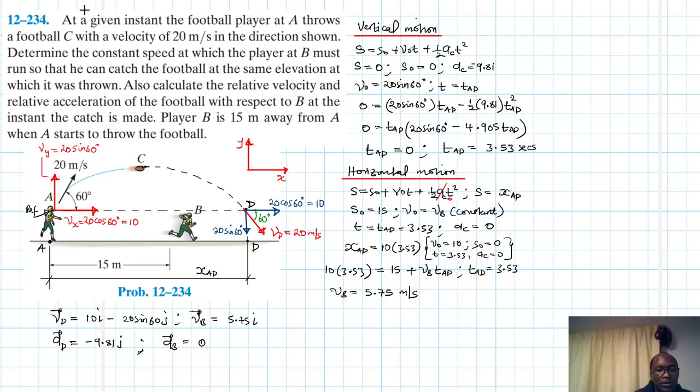So with this information, we can write down the following. Our v_D is the final velocity of the ball at the catch.